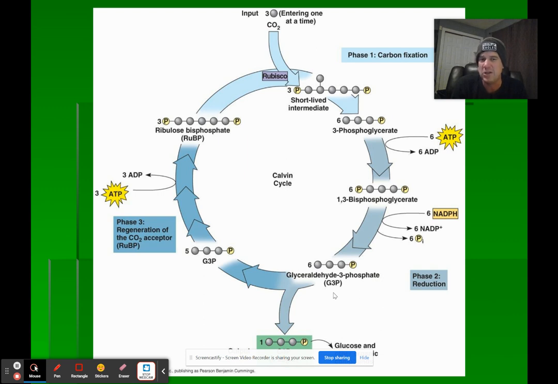This 3-carbon molecule is really the raw material that plants are able to use to make all other organic compounds, or at least one of the raw materials.